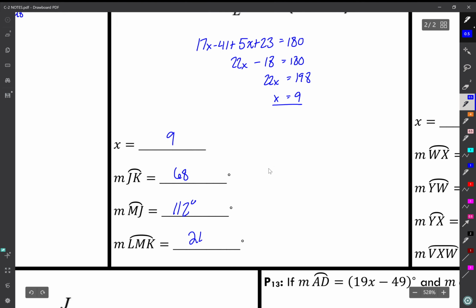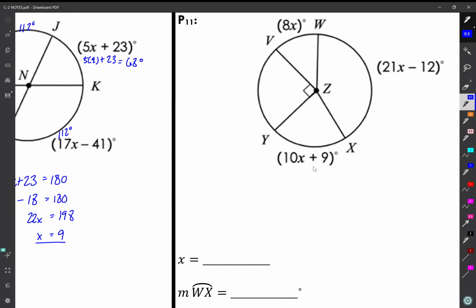Alright, next question. So the first thing I noticed here, no vertical angles whatsoever, nothing really that we can deal with except for this 90 right here. So what I'm going to do is add these three up together and they are going to equal 270, because 360 minus 90 equals 270.